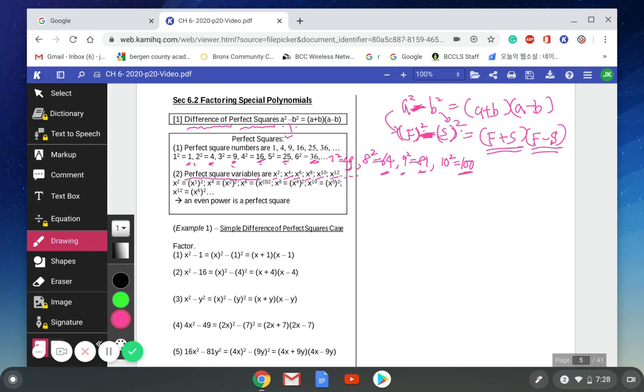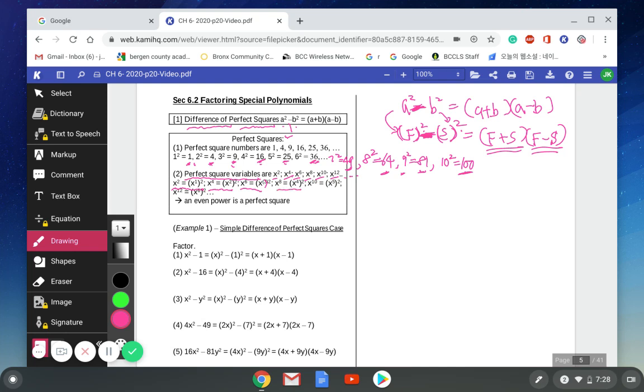So x to the fourth is actually x squared, squared. X to the fourth is x to the second power to the second power. So you can express it in perfect squared format. X to the sixth power is x to the third, squared. X to the eighth power is x to the fourth, squared.